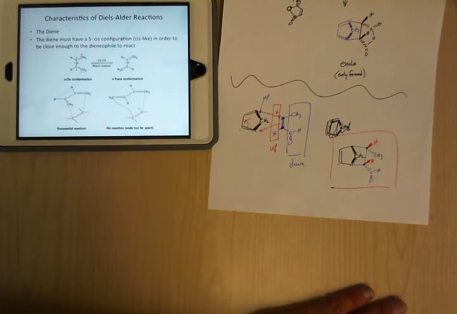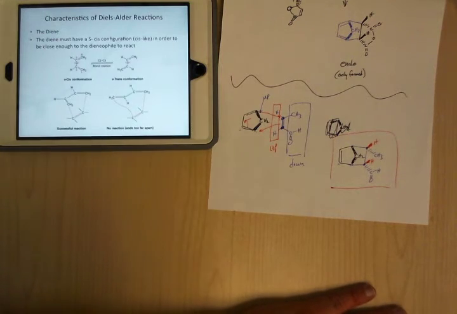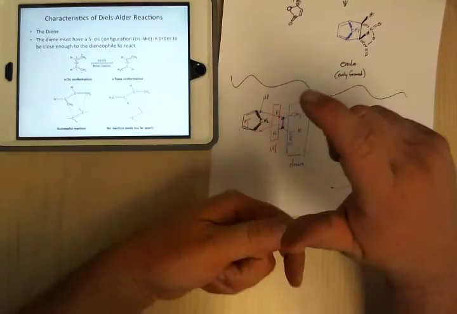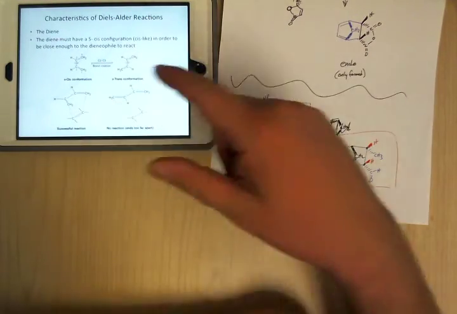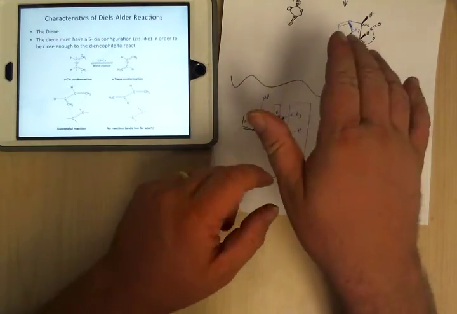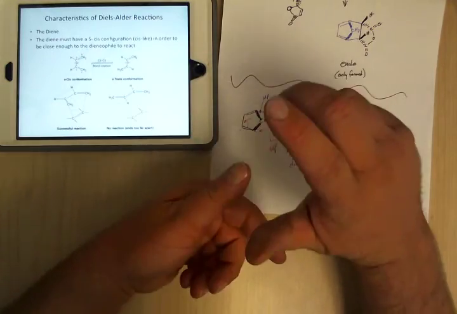Okay, so one of the things about the diene, right? So we talked about the diene, and this is actually going to help with your models. So for a carbon single bond, you can actually get free rotation. There's some barrier because you're going to have to break up the conjugation, but it's not horrible.